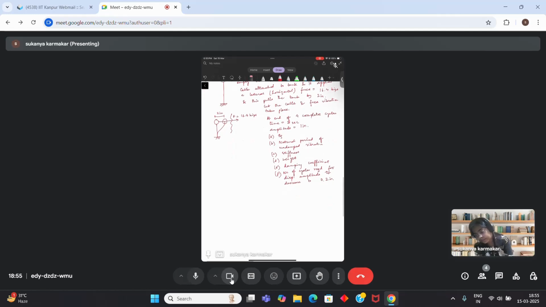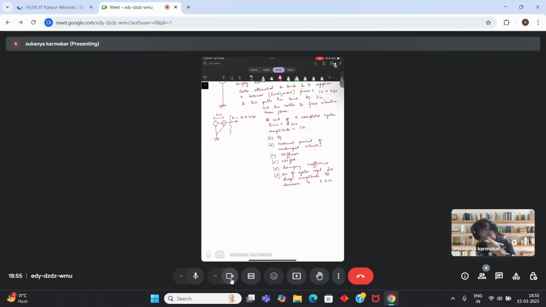As per the formula, delta is equal to 1 by j ln u naught by u j. So the formula is zeta is equal to 1 by 2 pi j ln of u naught by u j.